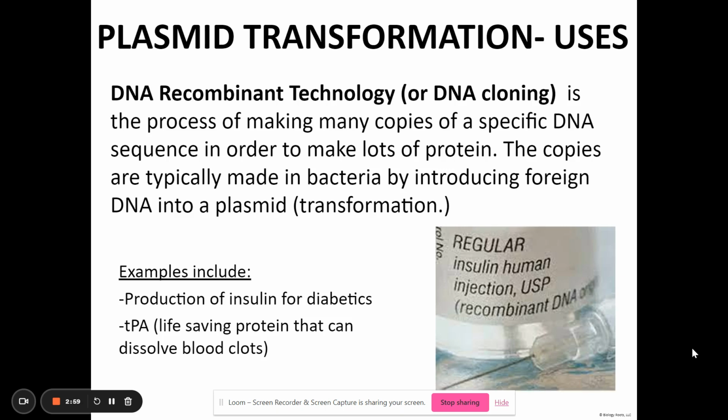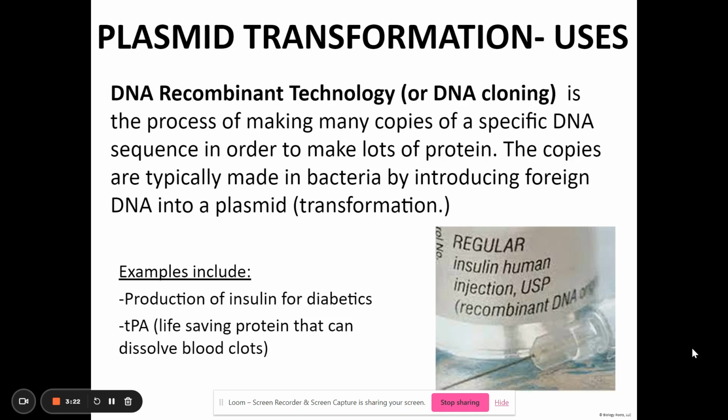Having mass quantities of it made quickly and cheaply is a benefit for people. And that's usually done in organisms like cows or pigs.